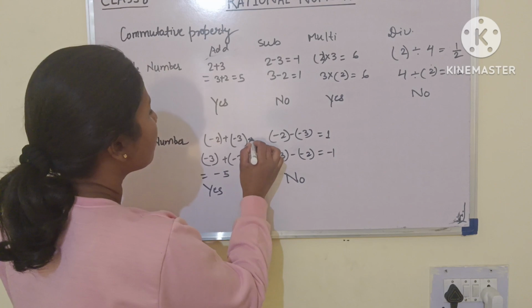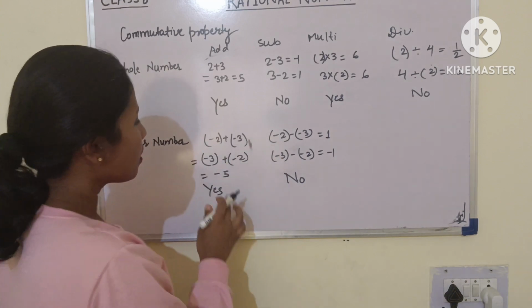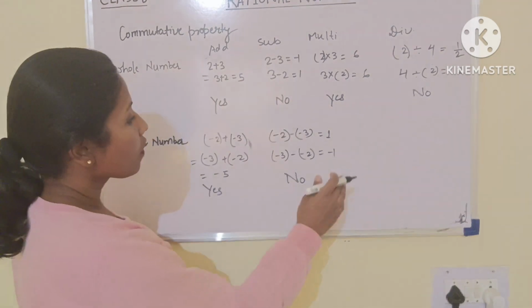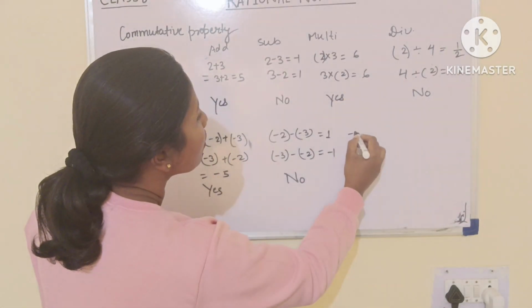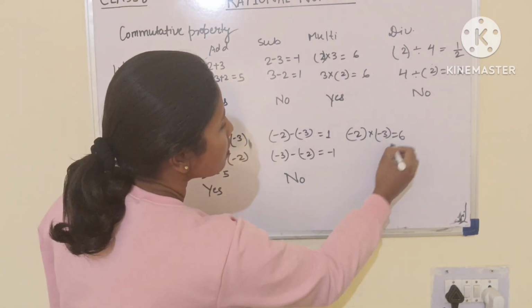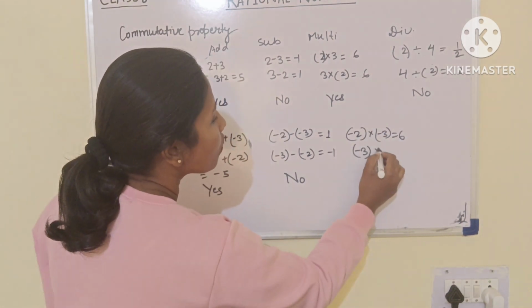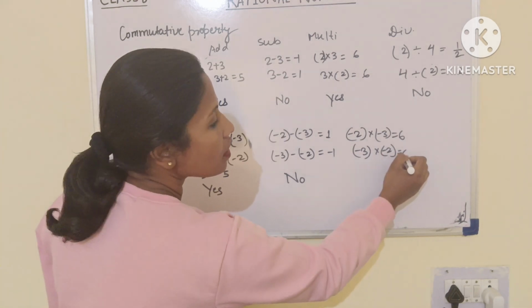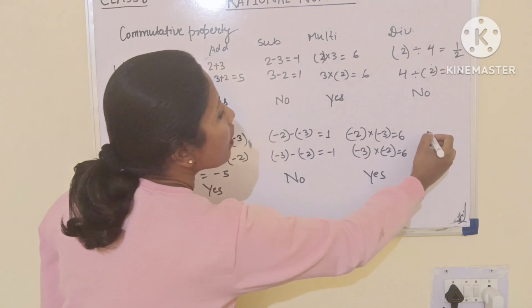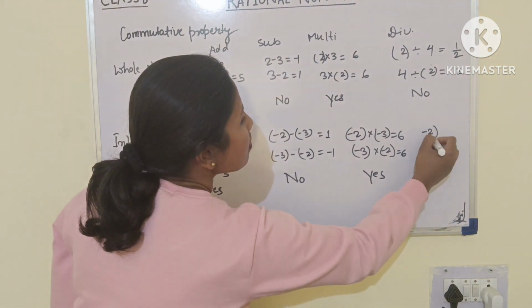It's an addition, you are understanding, right? Should I write individually? Then minus 2 into minus 3 will give you 6. Minus 3 into minus 2 will give you 6. Both cases 6. Now let's take the same example for division.